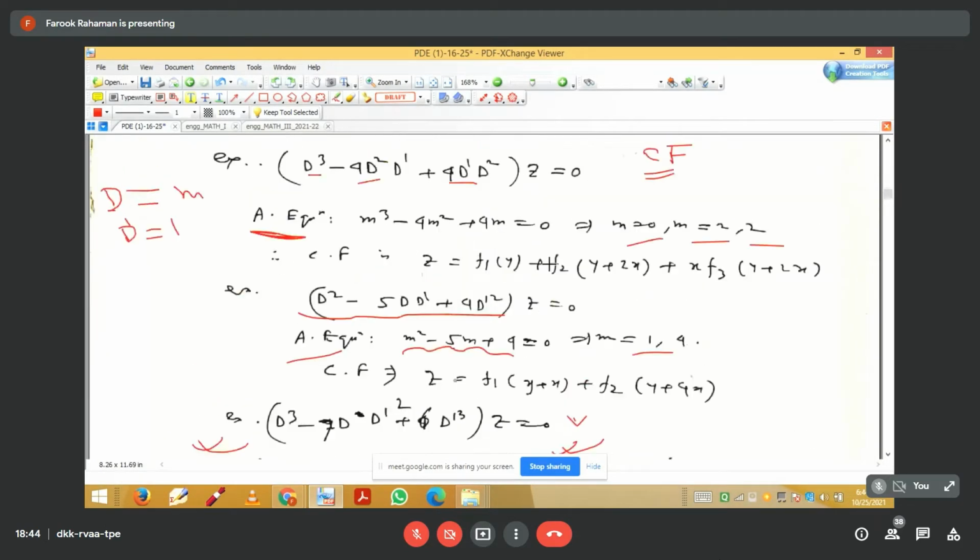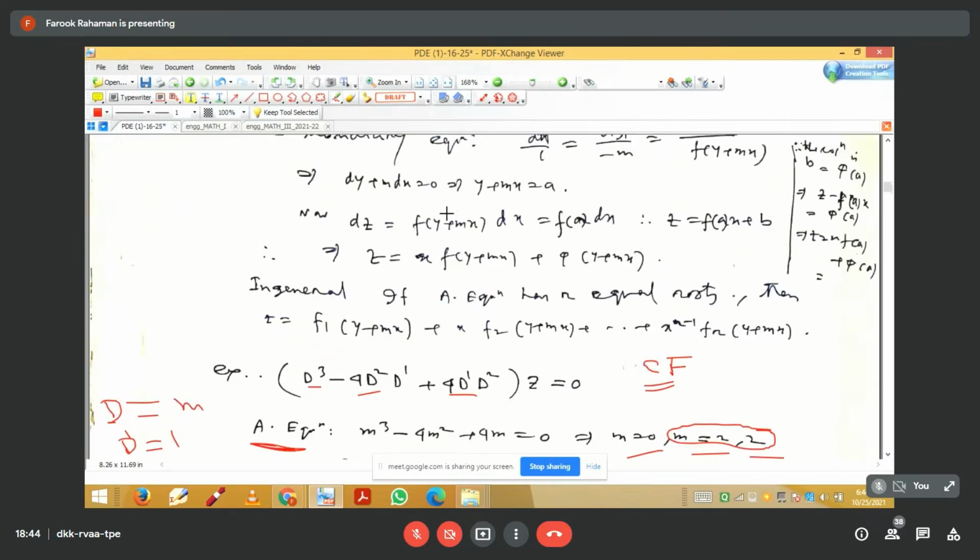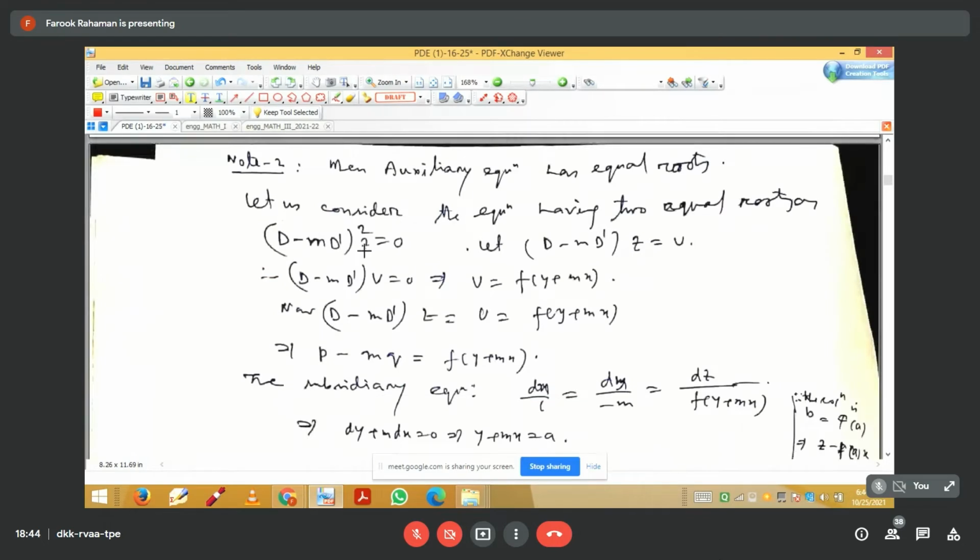Okay. Now one important point is, if two solutions are equal, then what will happen? Look at this one. If the auxiliary equation has two equal roots, then what will happen? Suppose the two equal roots are m, that is (D minus mD') whole squared z equal to 0.